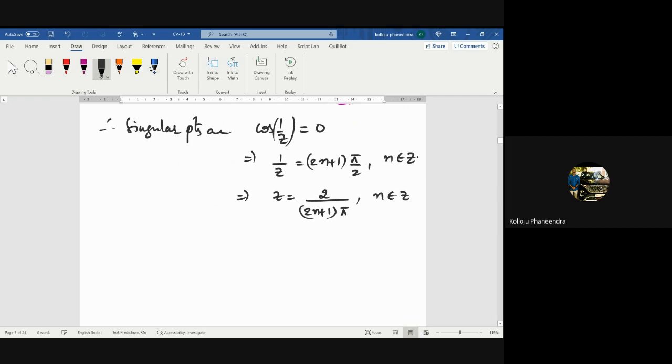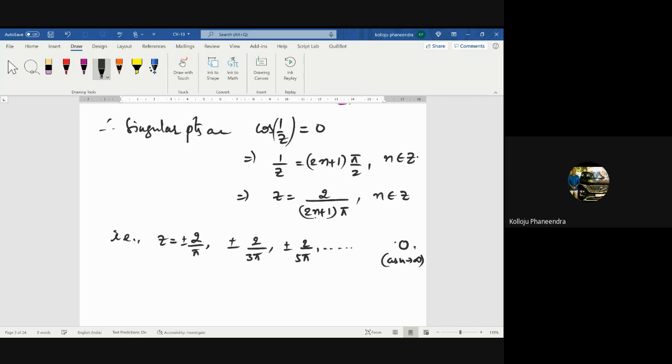So what are the singularities? Let me check. When n equal to 0, z equal to 2 by pi, plus or minus 2 by pi, one can write. When n equal to 1, 2 by 3 pi, plus or minus, then 2 by 5 pi. Observe all these points. And as n tends to infinity, what does this become? 0.